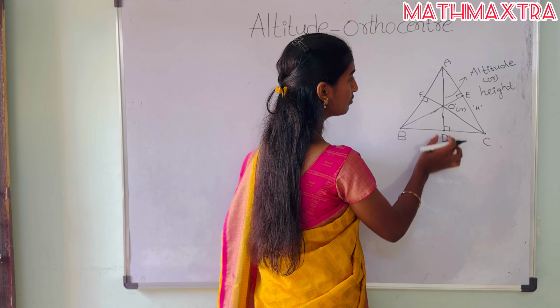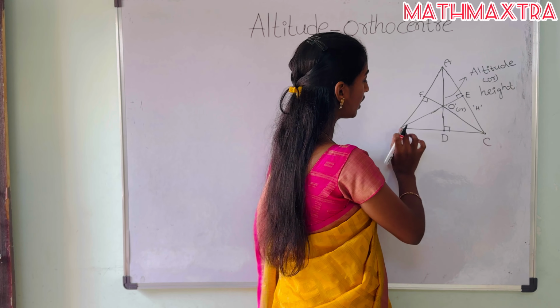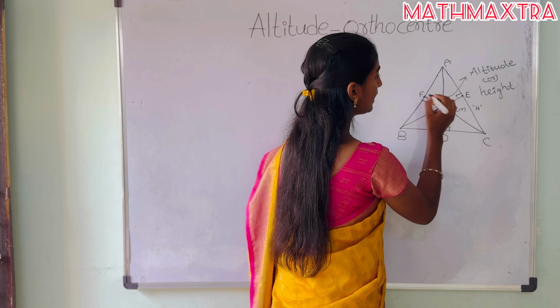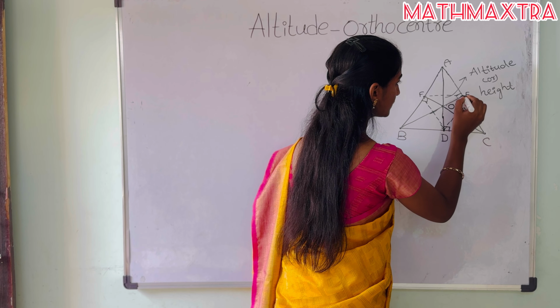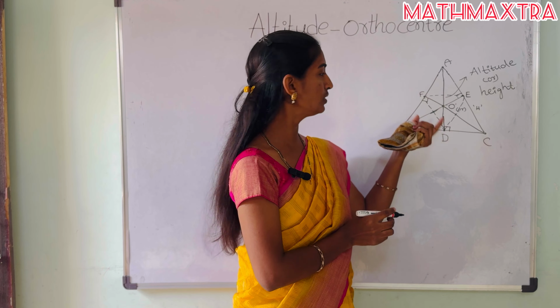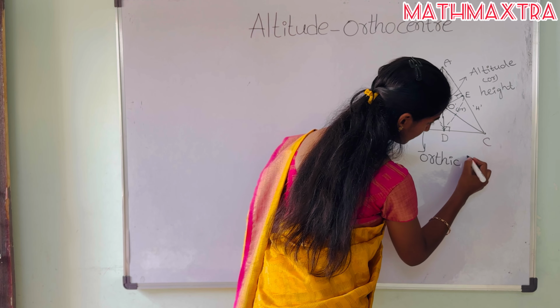This is the foot of the altitude through A, this is the foot of the altitude through B, and this is the foot of the altitude through C. The triangle formed by the feet of the altitudes, we call this triangle the orthic triangle.